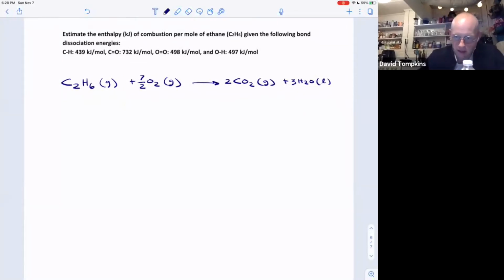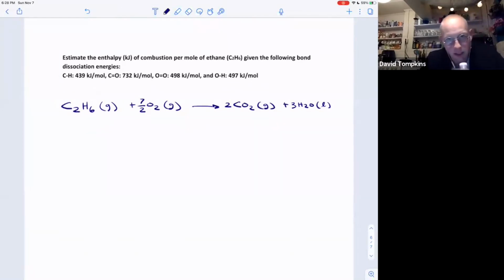Keep in mind that bonds that have to break, those are endothermic processes. You have to put energy in to break any bond, no matter how strong or weak it is. And when you form bonds, the nuclei get to share electrons, which takes them to a lower energy state.